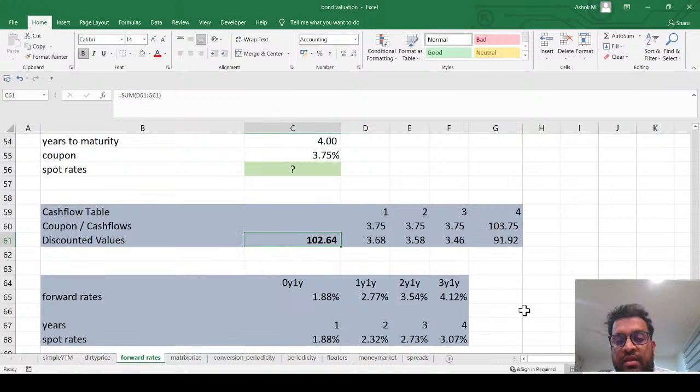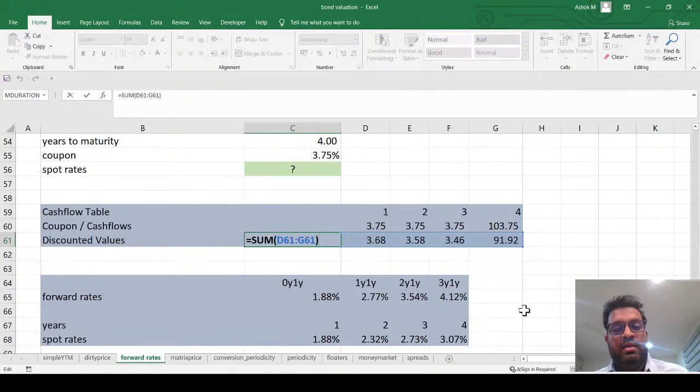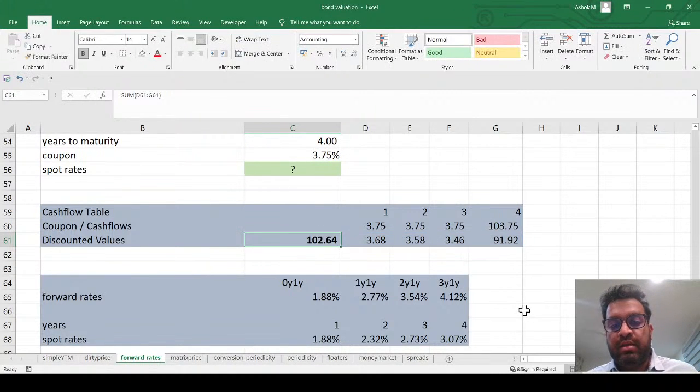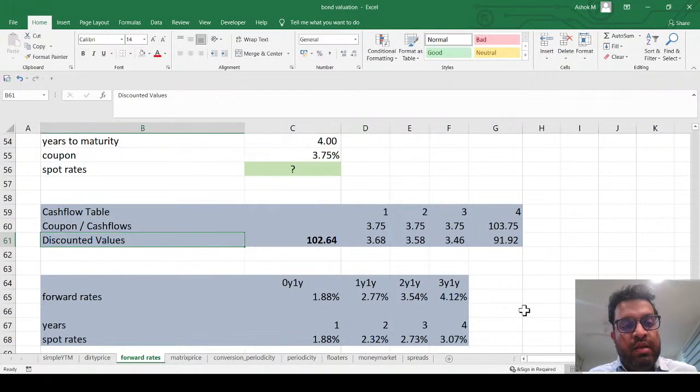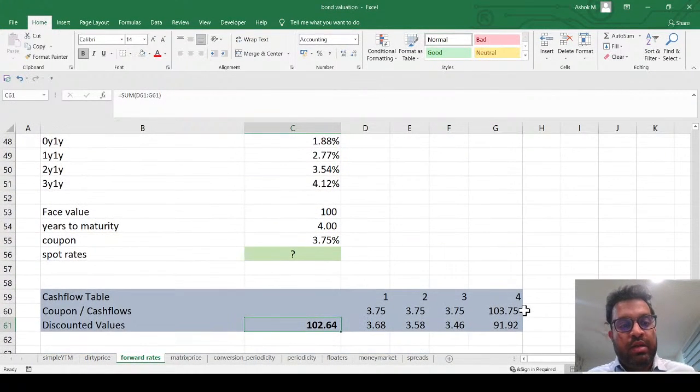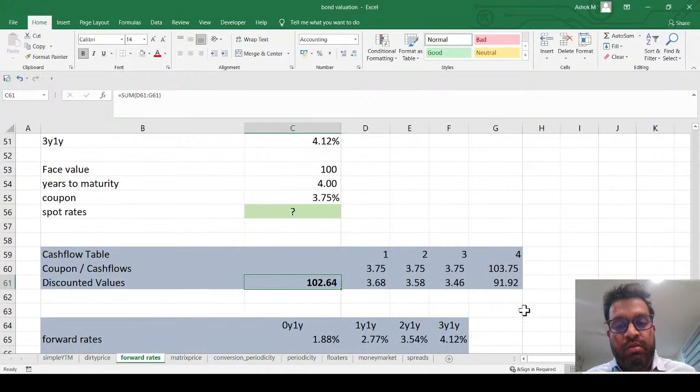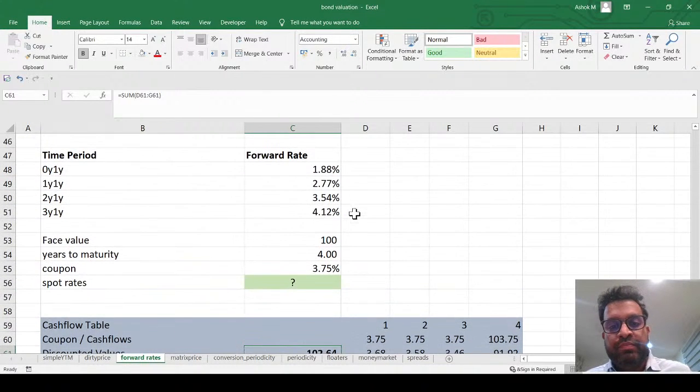Then I total this, your normal table. So you get your discounted value, which is the theoretical bond price, assuming these forward rates.